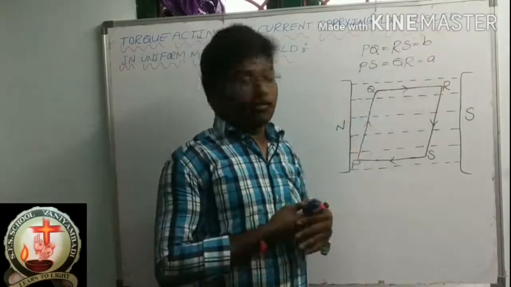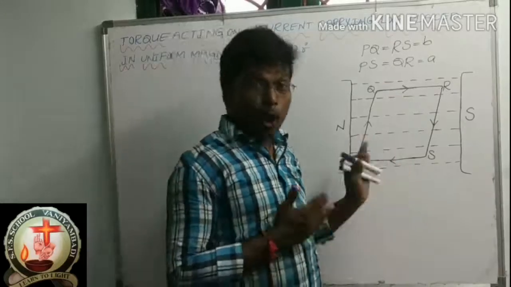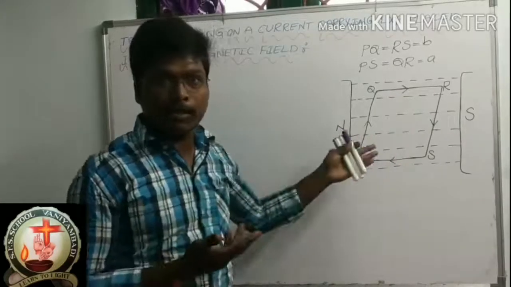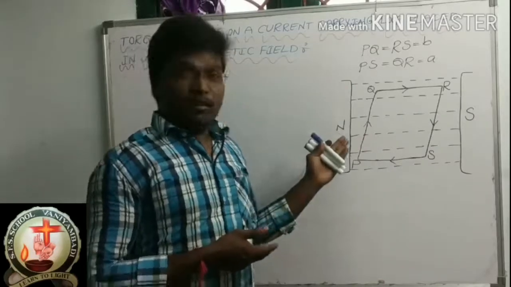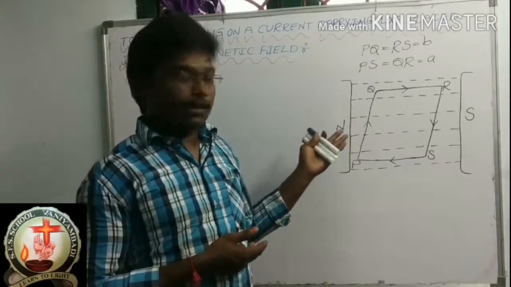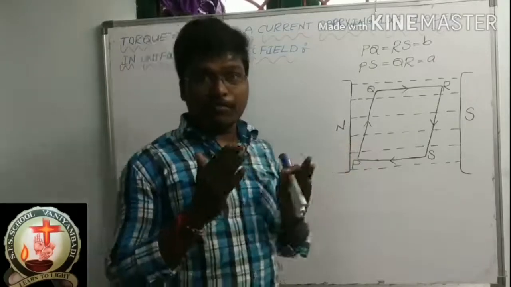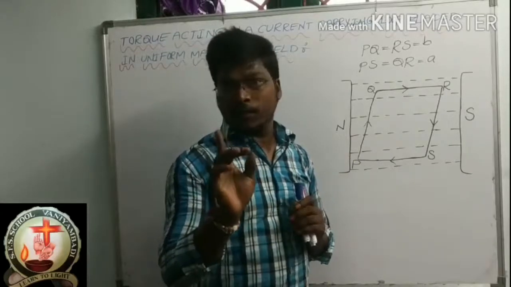So what I did here: I considered one current carrying loop PQRS and placed that loop in a uniform magnetic field. But how do you place that loop? Many students have that confusion. So please listen carefully to this topic.